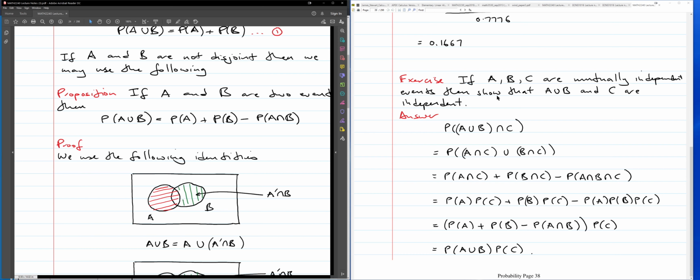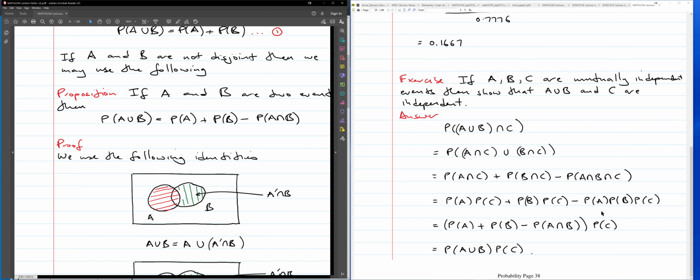Now, what you're going to use is the fact that A, B, and C are independent. So you can split this intersection up into the product of the probabilities. Likewise over here, and likewise probability A intersect B intersect C, I can write as the product of these probabilities.